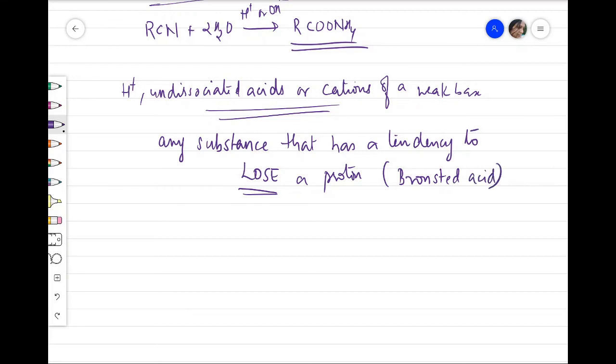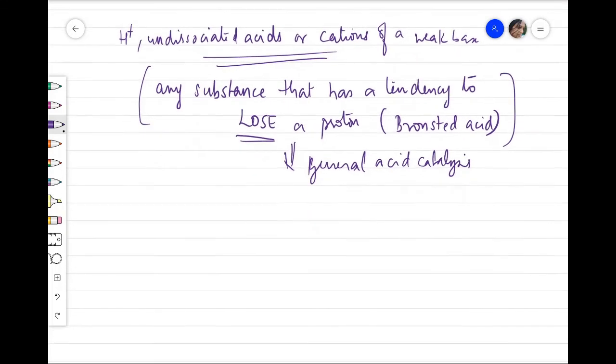Then this is what we call general acid catalysis. I hope that's clear. The example is the iodination of acetone, which is catalyzed by monochloroacetic acid. You can see it in the notes.